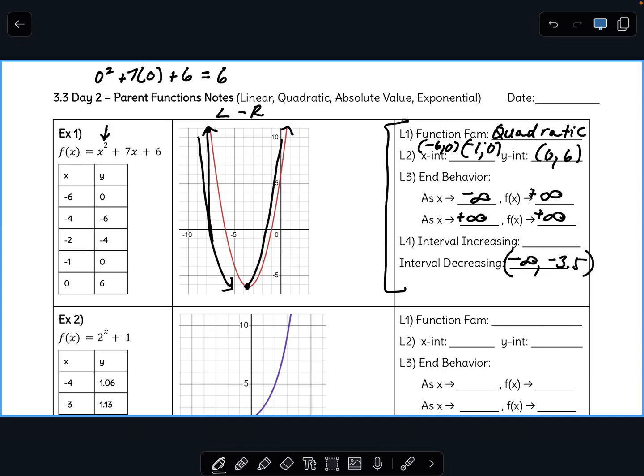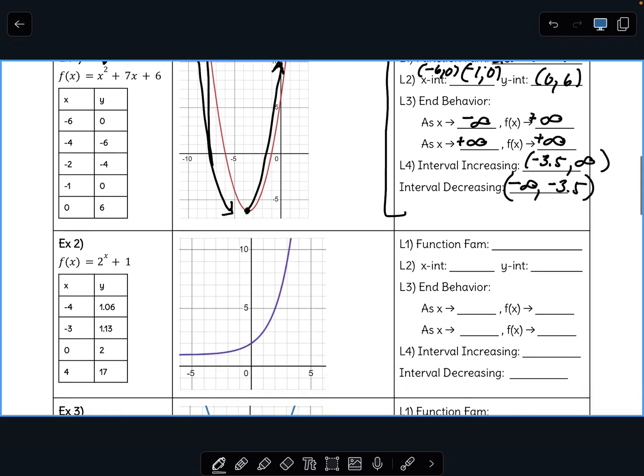And then from here to here, my y values are increasing. So from -3.5 to infinity, my interval is increasing.